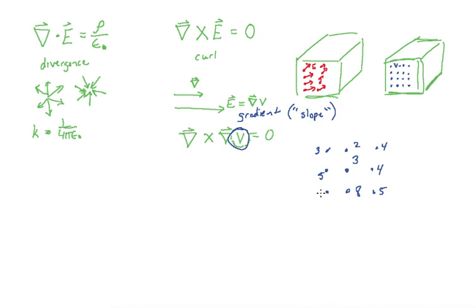This is a little hand-wavy explanation, but essentially if we took the gradient of it, the vector calculus kind of slope, it would give us a vector that pointed in the direction that this was changing the fastest, and 3 to 8 would be the biggest change, so our electric field would be pointed in that direction.